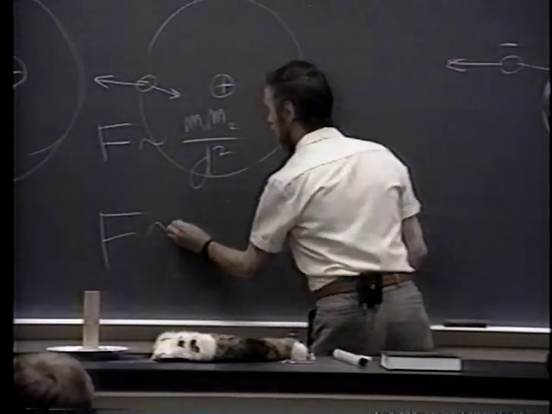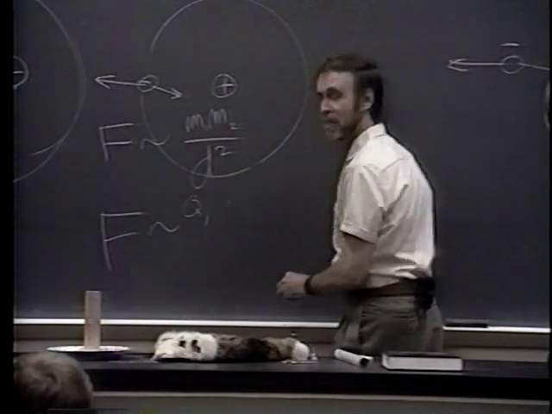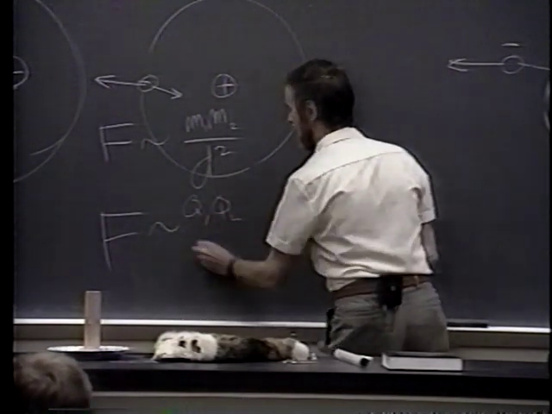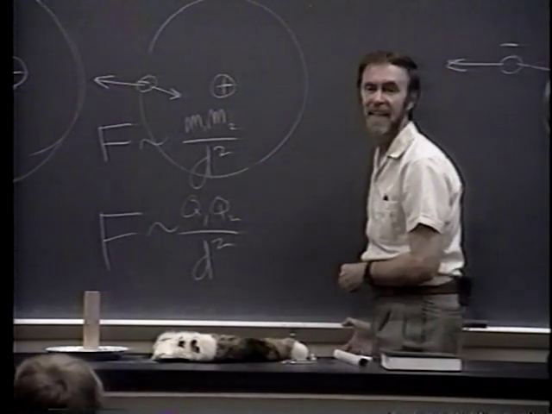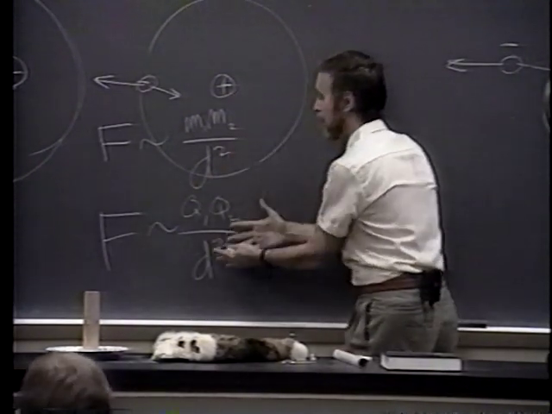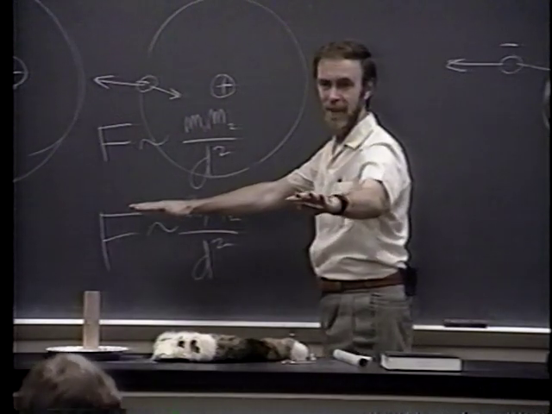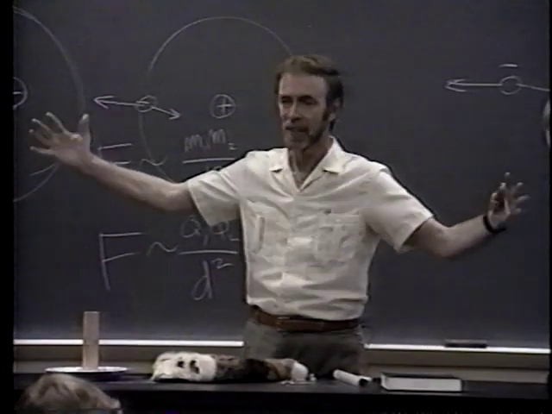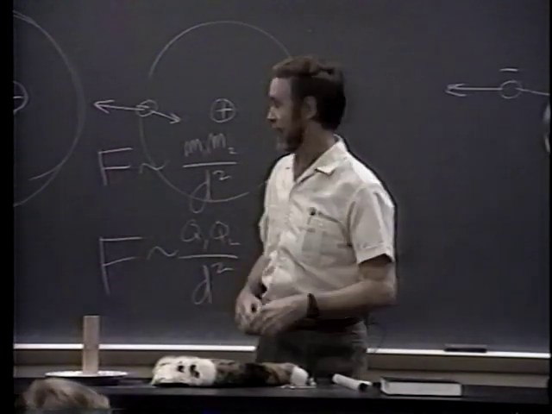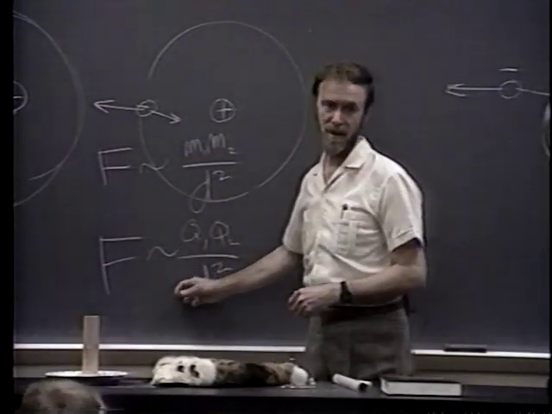And that force depends upon the quantity of charge on one object, the quantity of charge on the other object, and depends on the distance squared. Isn't that neat? Same, same. Which is one of the nice things about physics. Things that seem so diverse really have a commonality. And so this is called Coulomb's law.